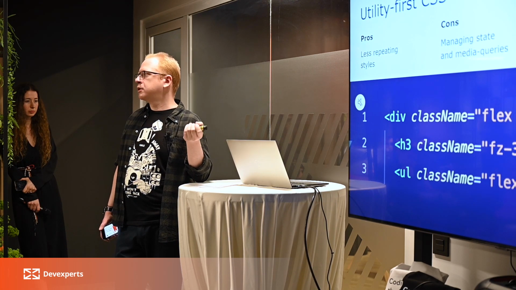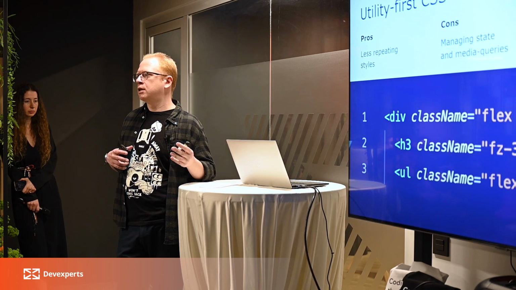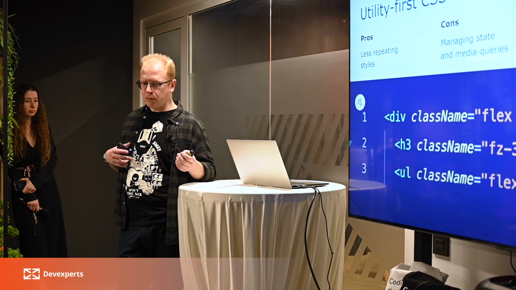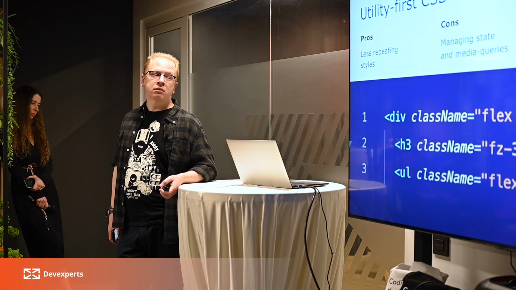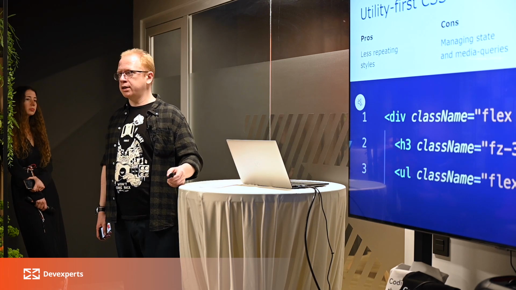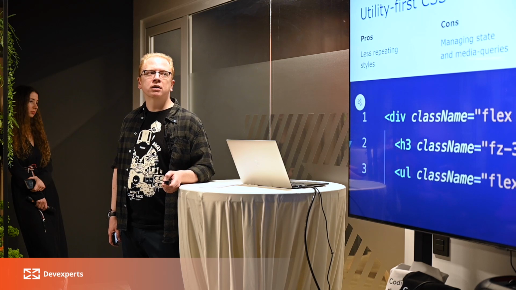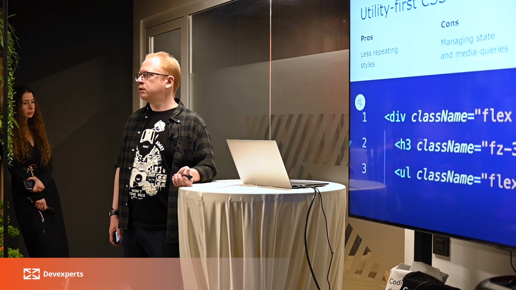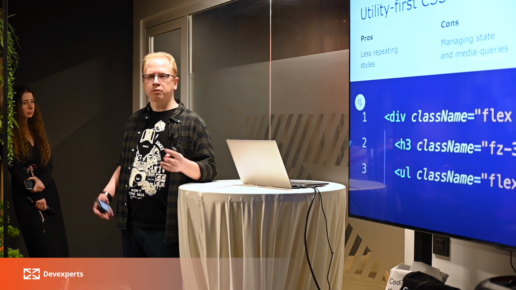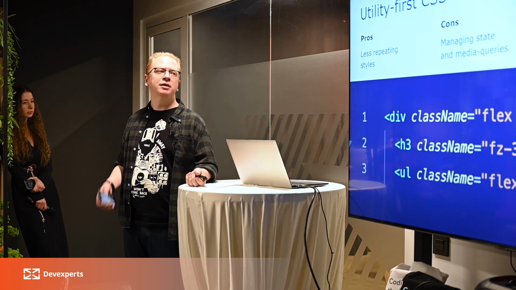But the downside is that we could have very verbose class chains, especially with elements which could have state or multiple media query instances. The most famous example would be Tailwind CSS. You've probably all heard of it, maybe even worked with it. But other libraries worth mentioning would be Tachyons and Atomic CSS. Those are a bit later takes on this approach.